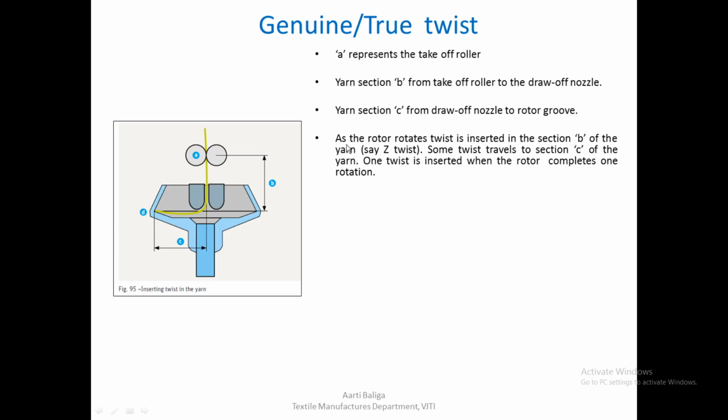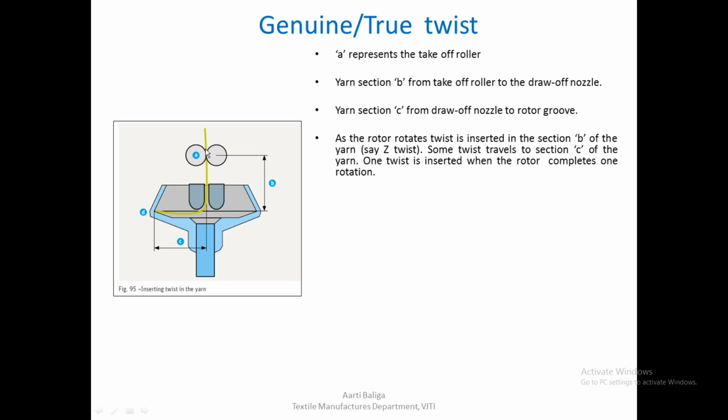As the rotor rotates, twist is inserted in the section B of the yarn, say Z twist. So as you can imagine, this end of the yarn is being held, or rather pressed, against the rotor groove by the centrifugal force, and since the rotor is rotating at a very, very high speed, it will take the yarn end and turn it continuously around the nozzle here.